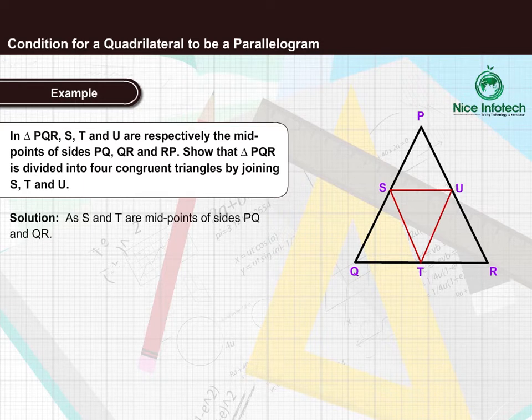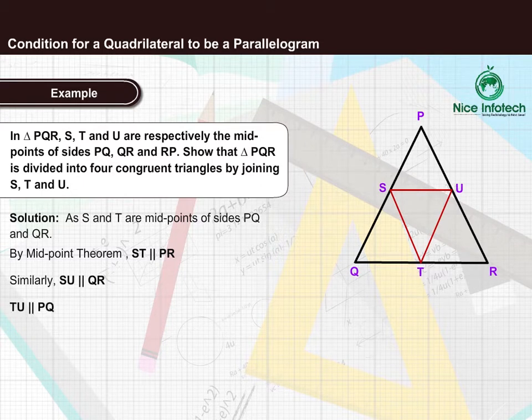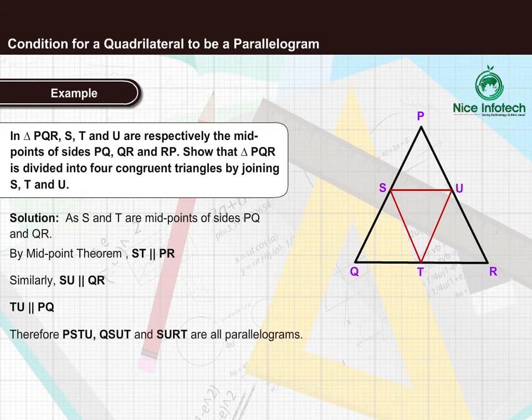As S and T are midpoints of side PQ and QR, by midpoint theorem, ST is parallel to PR. Similarly, SU is parallel to QR. TU is parallel to PQ.